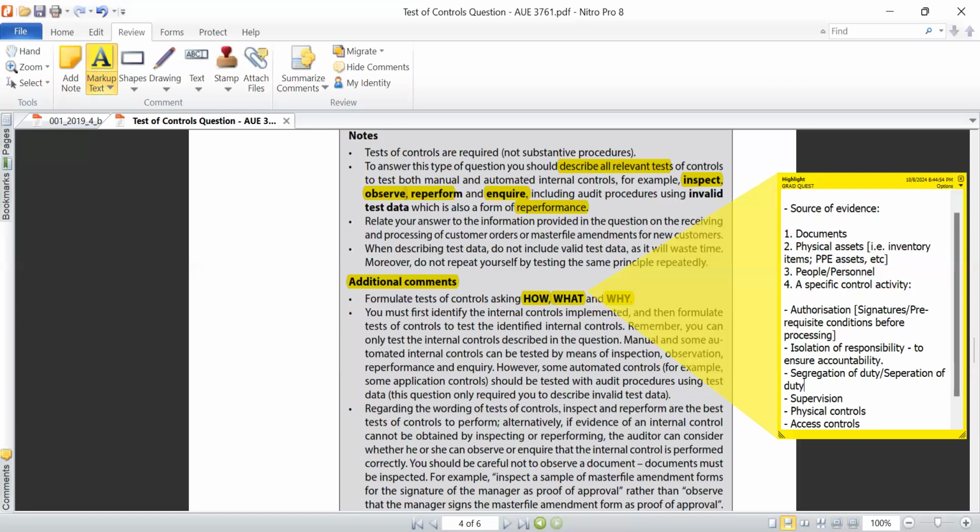Then supervision. How do we know that there's supervision taking place? Because supervision means that the process is being facilitated by senior personnel. If we are to perform a test of control, how do we test that there is supervision taking place in a particular process activity? One of the ways is by observing the process as it is being carried out.